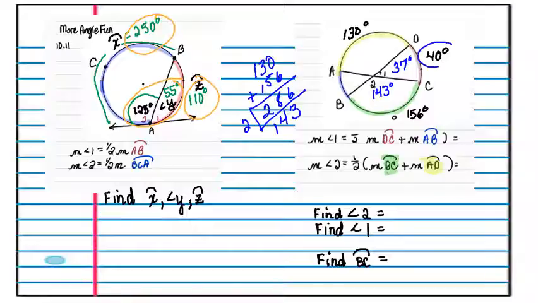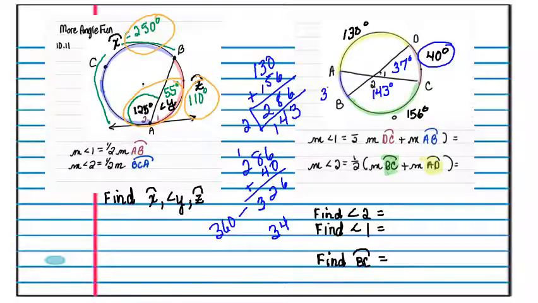All right, arc DC is 40, which we will add to the 286 to get 326, and we'll subtract that from 360, which would give us 34.